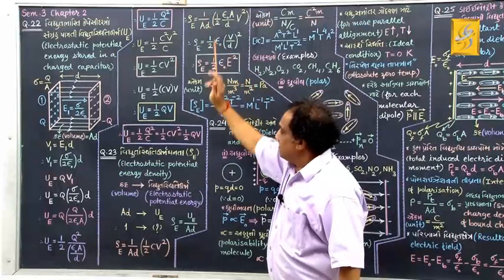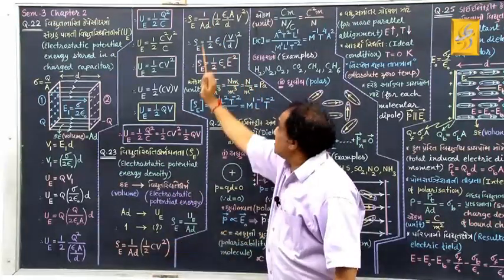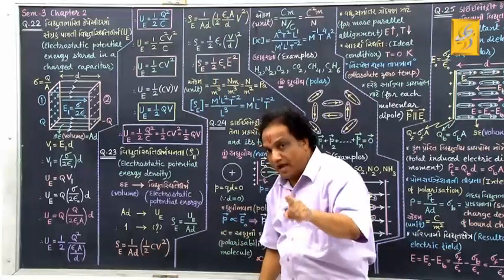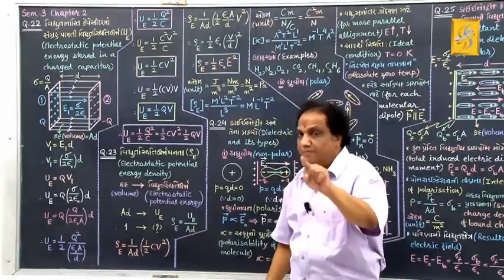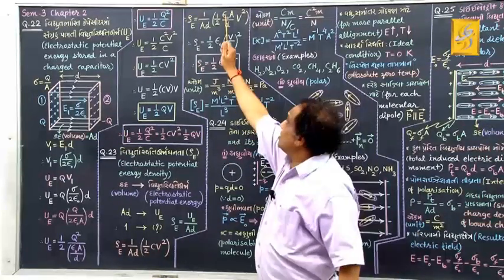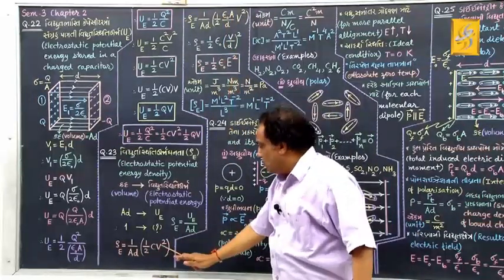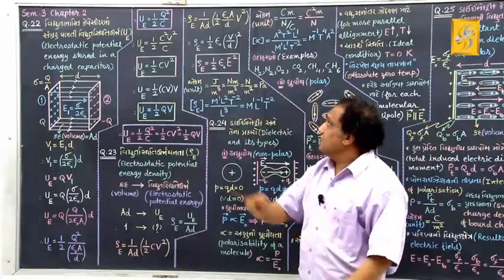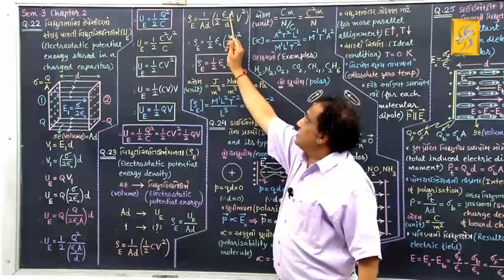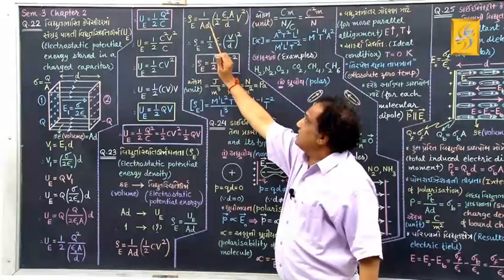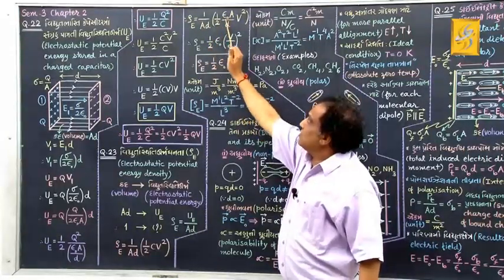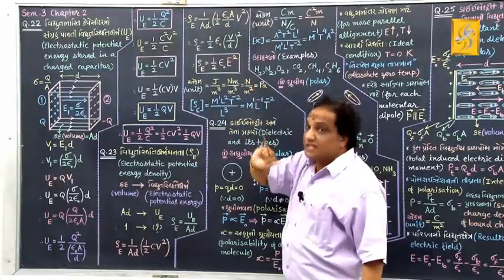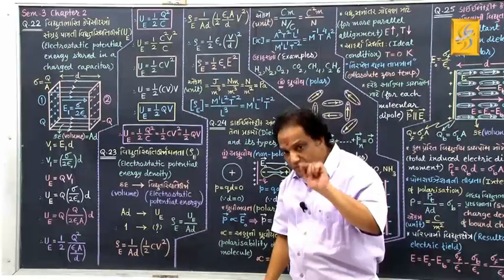This 1 by 2 also as it is. What about C? C is the capacitance of the parallel plate capacitor by the formula epsilon 0 A upon D, so epsilon 0 A upon D into V square, correct? Now this A and this A will cancel, correct? 1 by 2 epsilon 0 V square, and D into D, that is D square. So it is V square upon D square.